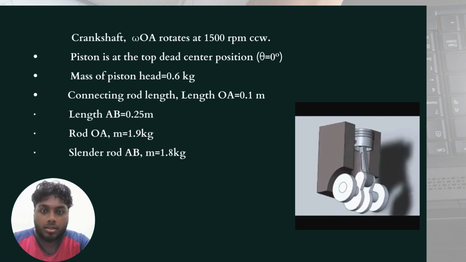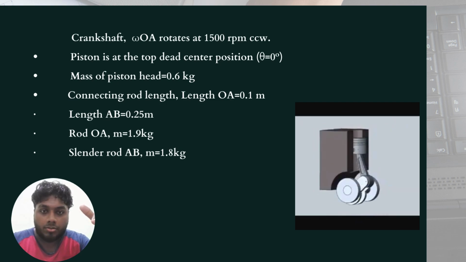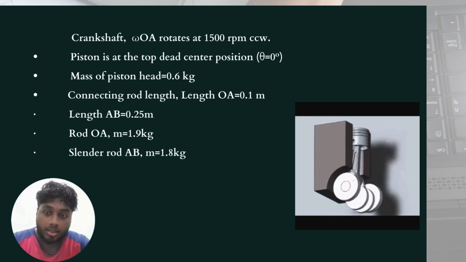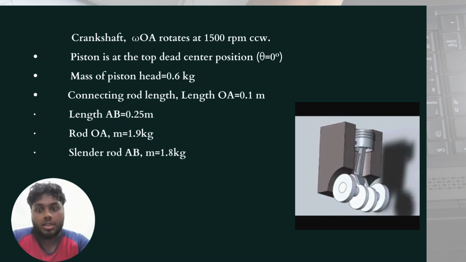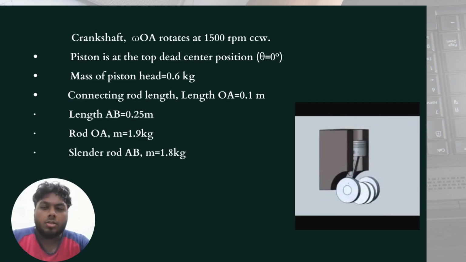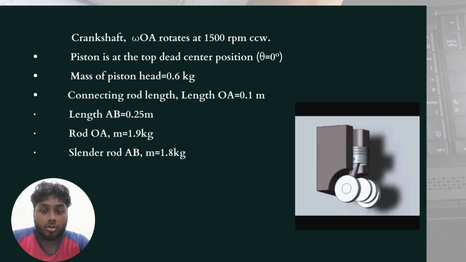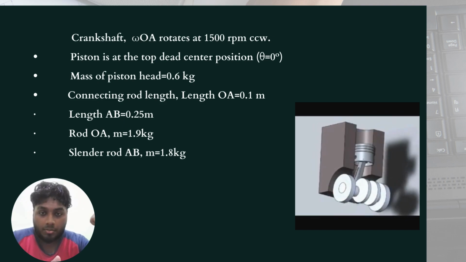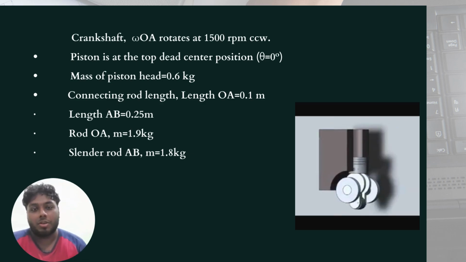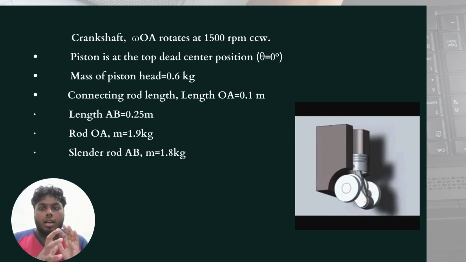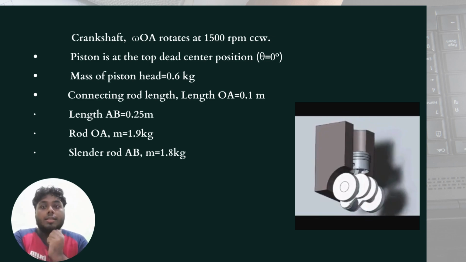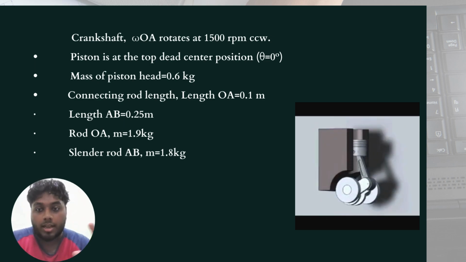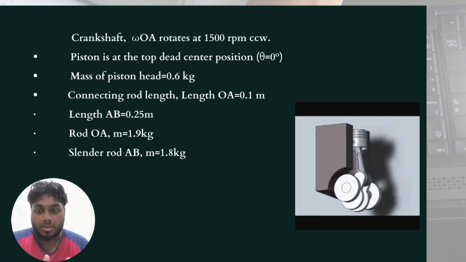Next, the length LOA is 0.1 meter, and the length of rod AB is 0.25 meter. The mass of rod OA is 1.9 kilograms, and the mass of slender rod AB is 1.8 kilograms. The values for this example are taken from a real life example, a car piston.